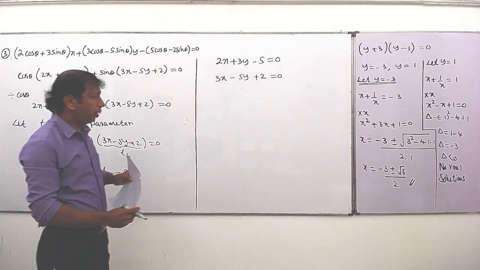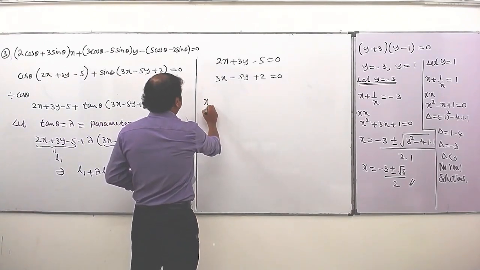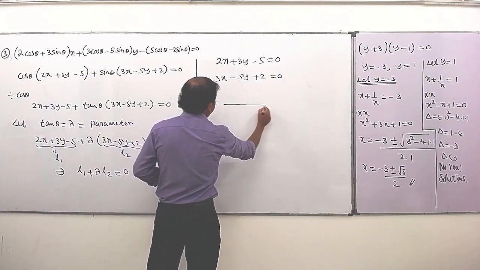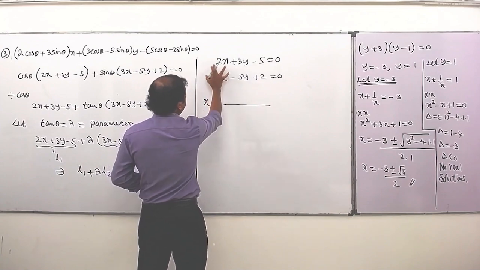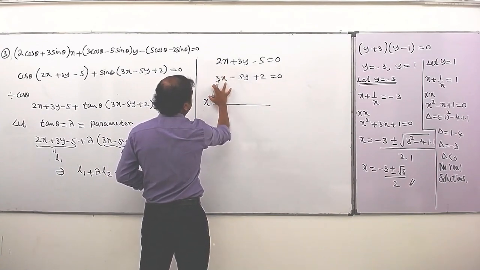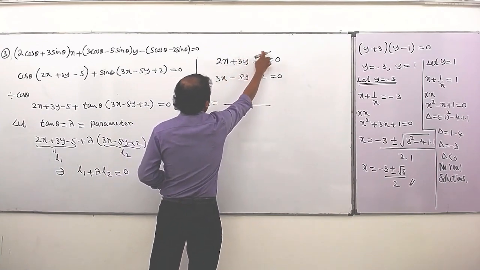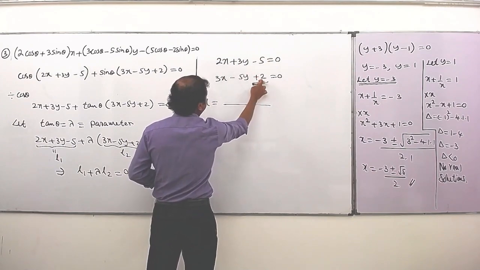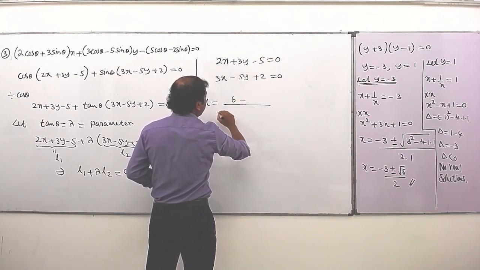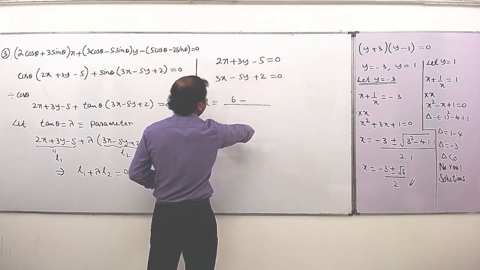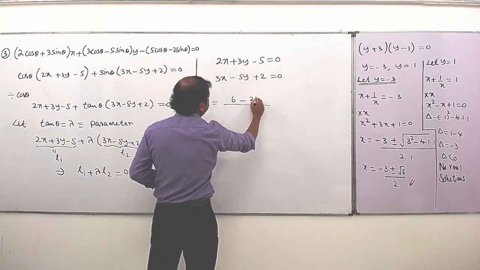But we know an easy way of getting x and y. What is the method? When you find x, the column containing x we ignore. The remaining numbers we take, multiply 3 and 2 to get 6, then subtract, multiply by 2 and 5. Then we get 19.